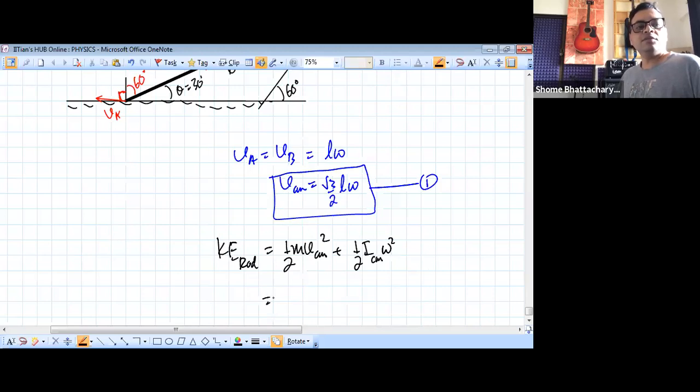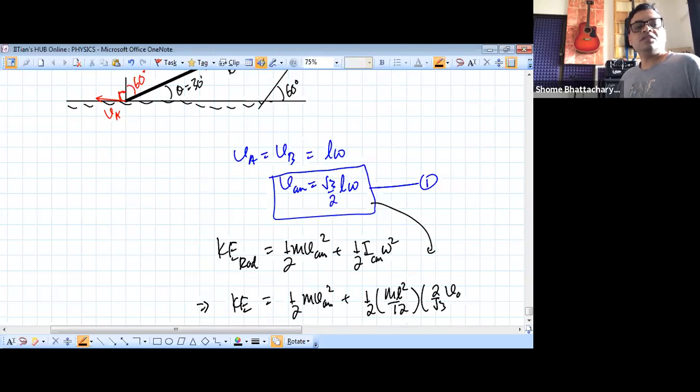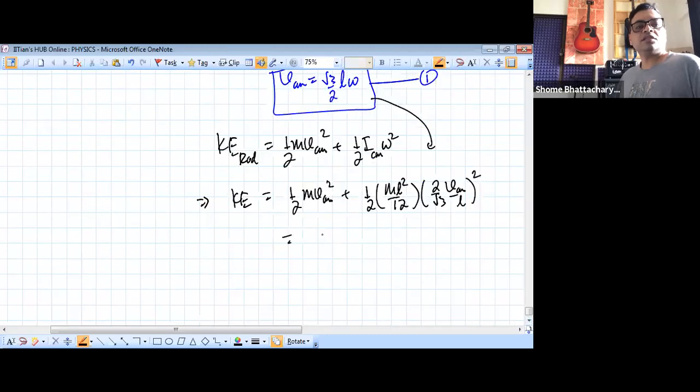That becomes half m VCM square plus half into mL square by 12 into omega square, where omega is 2 by root 3 VCM by L. So we can write this whole thing as half m VCM square into 1 plus how much? It becomes 4, so 1 by 9.